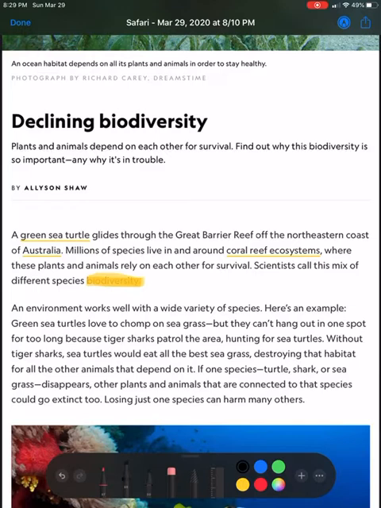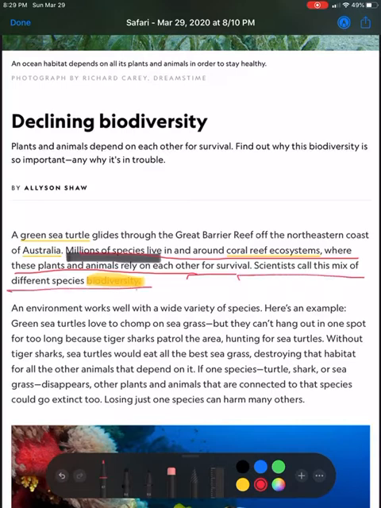So the sentence before and the sentence after. So for me, it says millions of species live around coral reef ecosystems, where these plants and animals rely on each other for survival. Scientists call this mix of different species biodiversity.